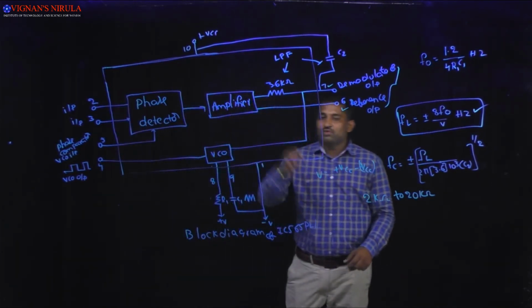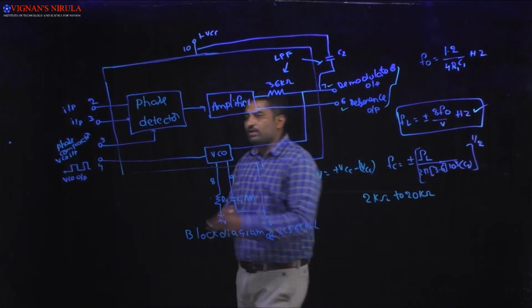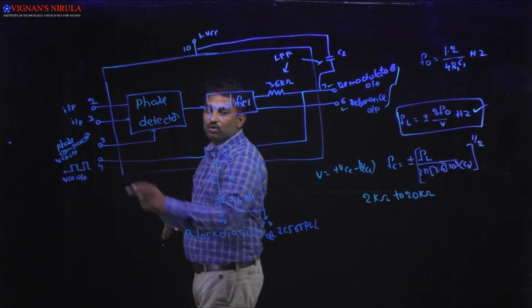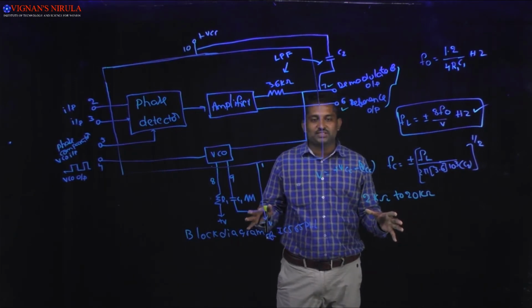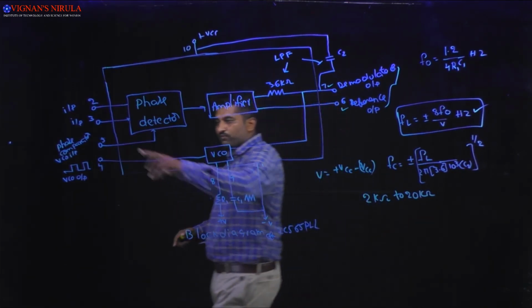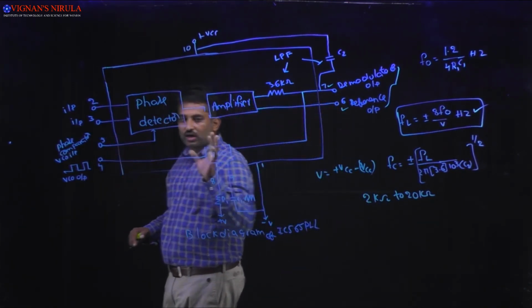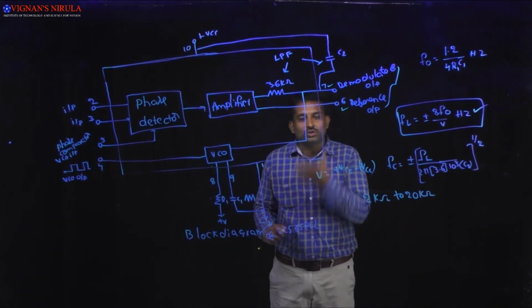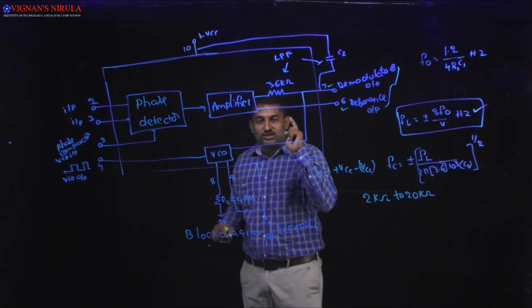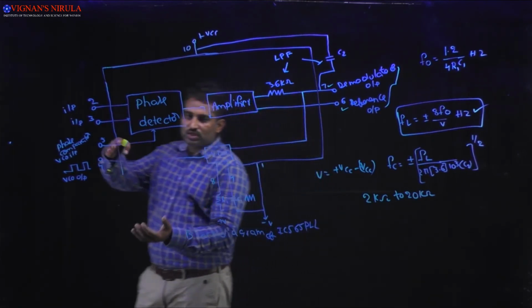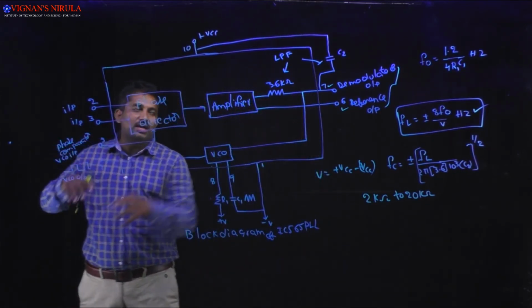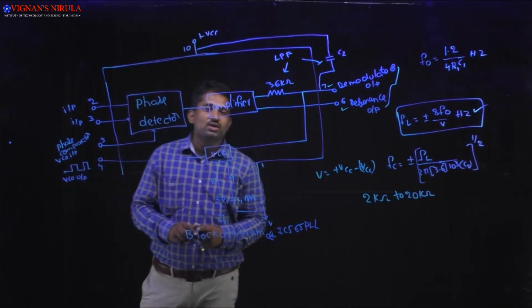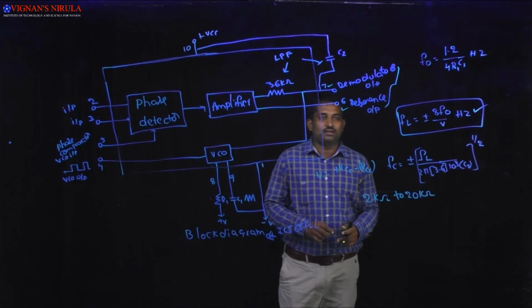And the other input of the phase detector is coming from the output of VCO. In the diagram of IC 565 PLL, pin number 5 and pin number 4 are not connected externally. Whenever you want to use it as a PLL, first you have to connect these 2 pins externally, then only it will be used as a PLL, and you can start using this PLL.